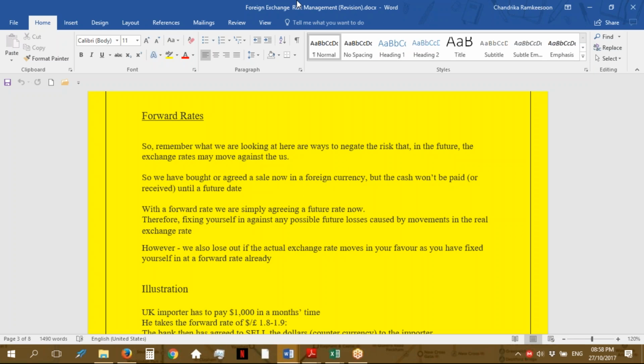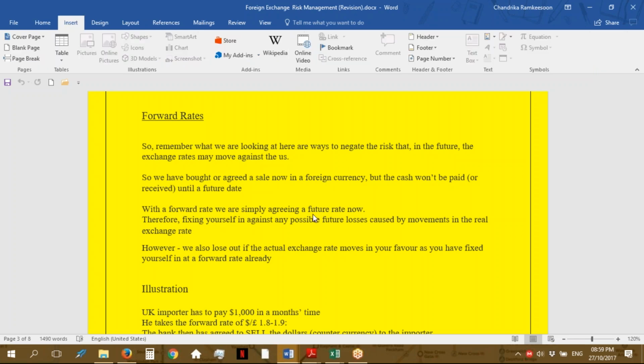If you choose not to use that and just gamble a bit, you might say, well, I'll use the actual spot rate in 3 months. And guess what? When you go into the bank in 3 months' time, the spot rate might be good compared to the forward rate the bank was quoting to you. But then it may also be bad, meaning result in you getting far less sterling. So again, it's up to you, the firm that is.